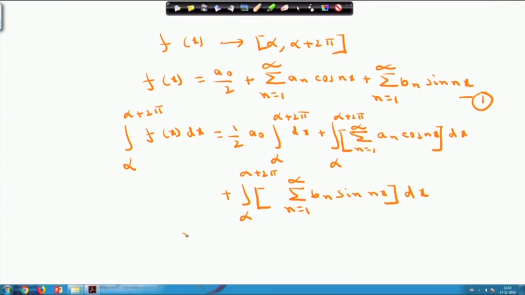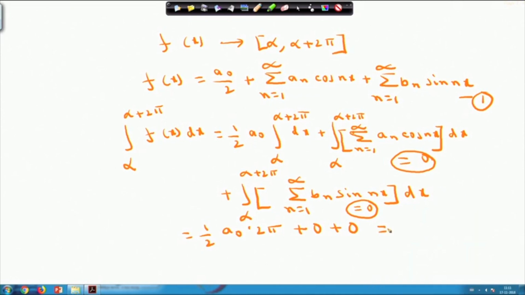Now, this value equals half a naught times x, so alpha plus 2 pi minus alpha, so this value will become 2 pi, the value of this first integral. The value of the second integral is 0, and this value is also 0. You will directly get that from our formula, whatever we told, definite integrals 1 and 2.